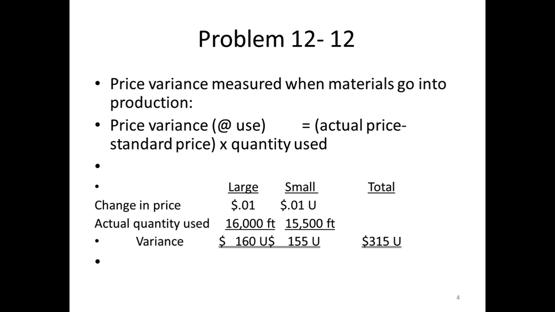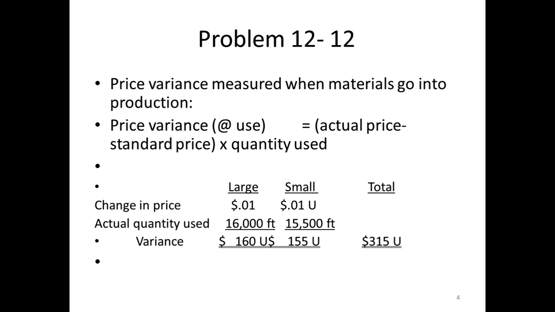However, when we look at production, there was only 31,500 feet used in production. The actual quantity times the 1 cent unfavorable price variance ends up with a $315 unfavorable price variance, not a $350 one.